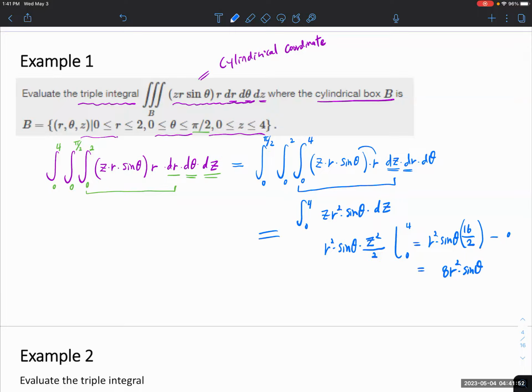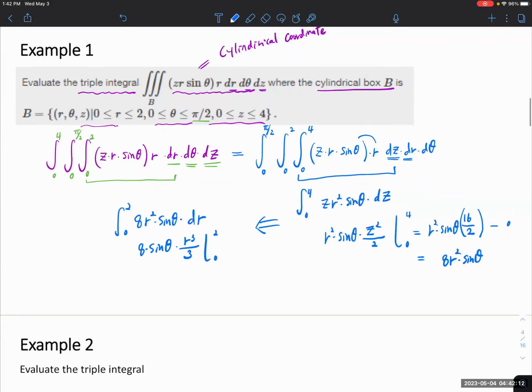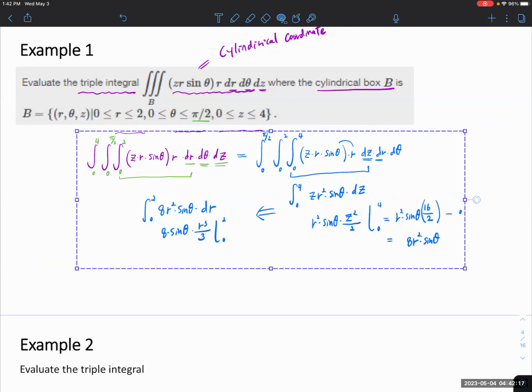And I'm going to keep on going because I need more space. You're going to do 0 to 2, 8 r squared sine theta. And now we are taking the dr, right? With respect to r. So this time, 8 sine theta is a constant, r cubed over 3 from 0 to 2. So you can calculate that, right?